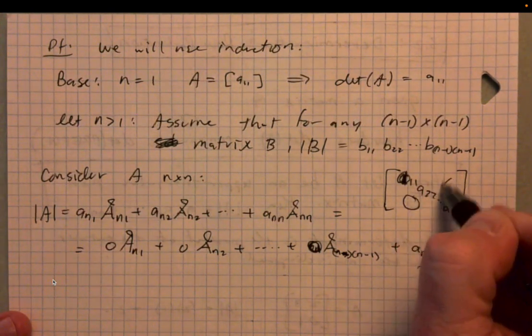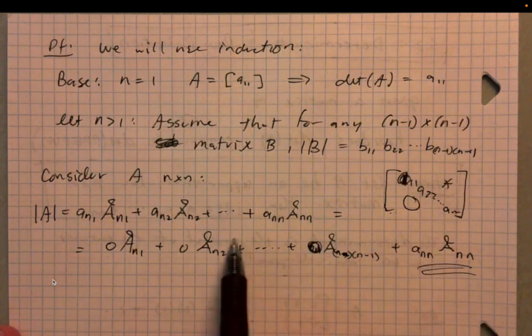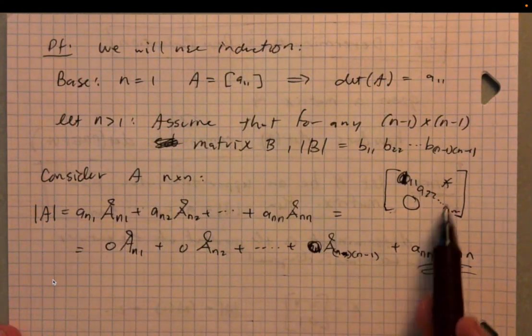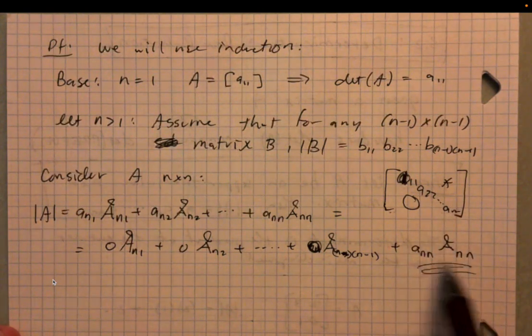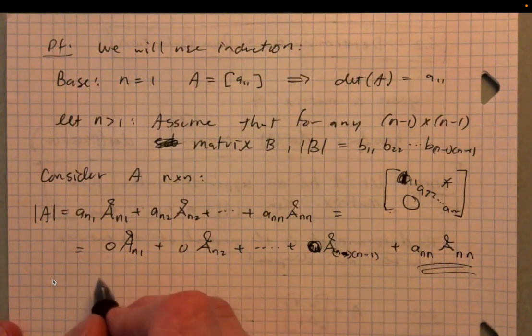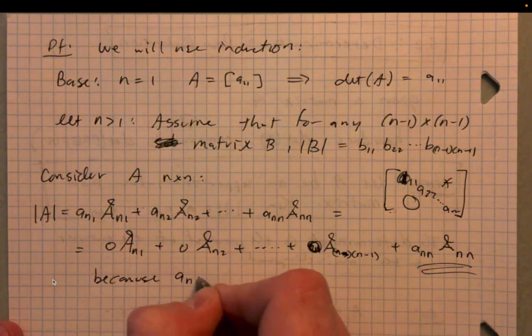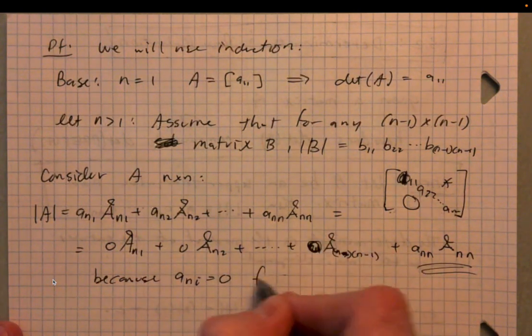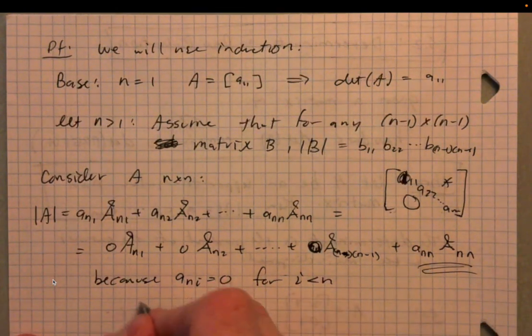The first n minus 1 entries of the nth row are all 0. That's what you're seeing reflected here. And then this ANN is the only one that's not 0 in the nth row. Specifically, a(n)(i) equals 0 for i less than n, since A is upper triangular.